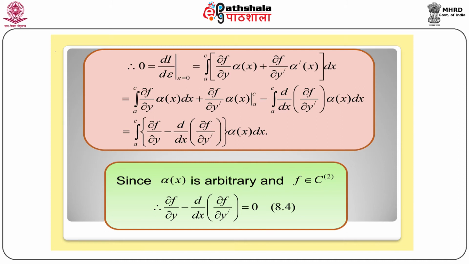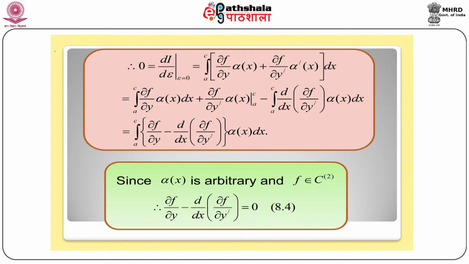As at the end points, that is at A and at C, alpha function of x vanishes, that is alpha A equal to 0 and alpha C is equal to 0. So, this term vanishes. As a result, we get this one and this one. Combining this one and this one, we get this.